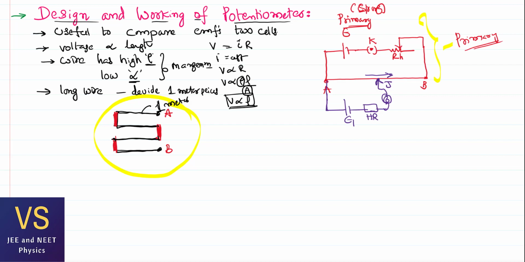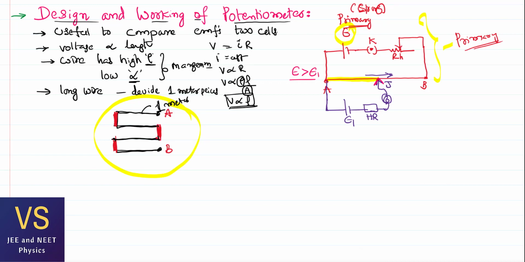What's happening when the jockey is kept at a particular place is, across this length of the wire, there is a certain potential drop which is being given by this primary cell. Of course, as I told you in the beginning itself, this E is definitely greater than E1. That's a condition that we have.